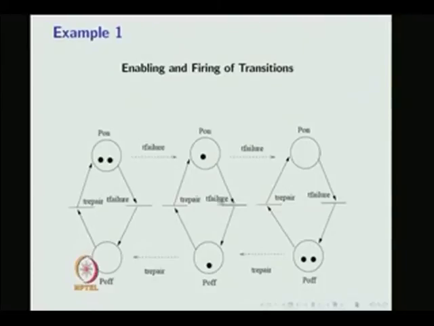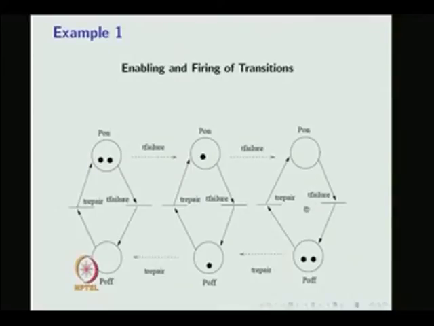Suppose at this stage both the T repair as well as T failure enable, but T repair fires. That means at this stage if T repair fires, then one token will be removed from the place P off and one token will be deposited in the place P on. Therefore, when T repair fires, then 0 token in the place P off, 2 tokens in the place P on.